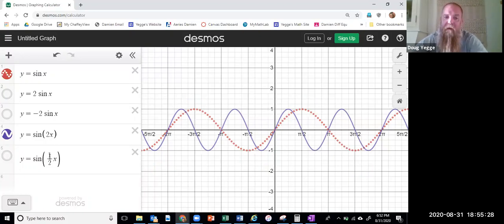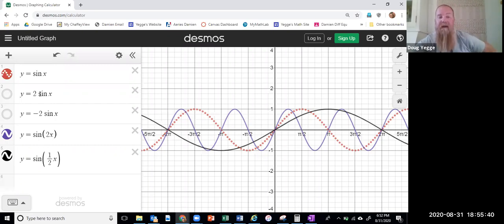Which would imply that if I were to multiply the angle by 1/2, I would have to double the angle to get those same ratios. So look at how now it's stretched out. And so changing the value in front of sine x is going to change the amplitude, while multiplying the angle by a number is going to change it horizontally in terms of stretching or compressing it horizontally.